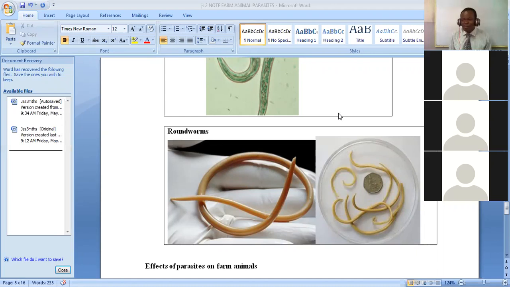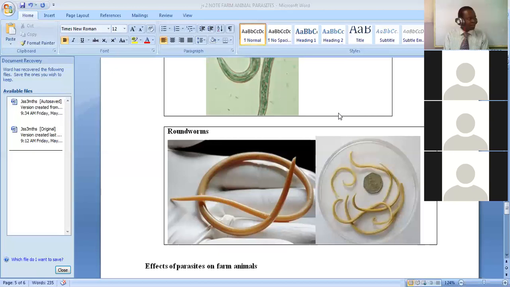Now, they get into the body when, for instance, an animal that has a parasite has the eggs in the feces it passes out. Those eggs will go onto the grasses, and then another healthy animal comes to eat those grasses. The eggs will go in and develop into adults inside the digestive system.